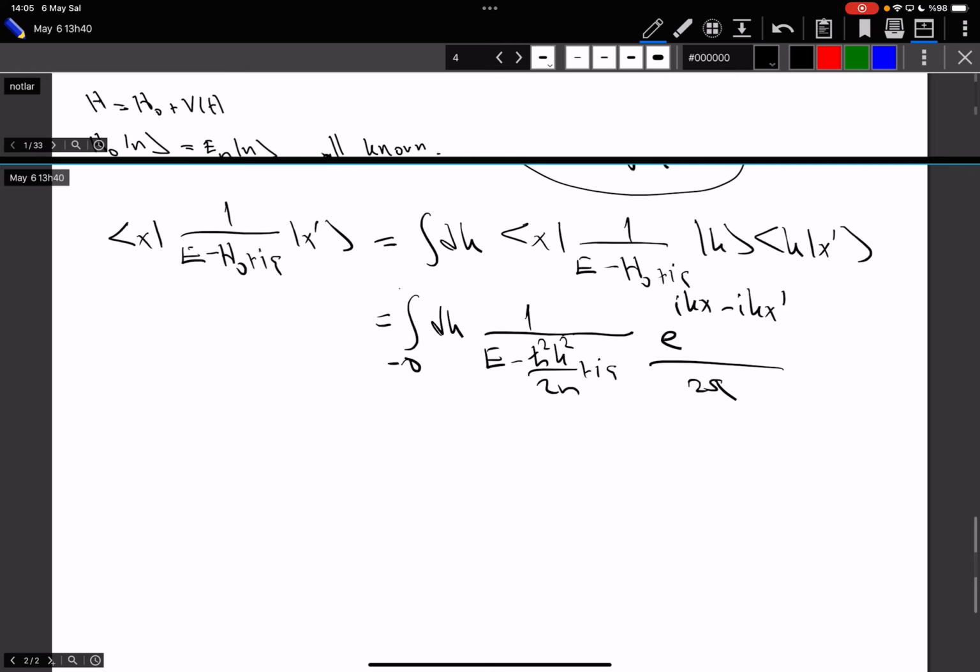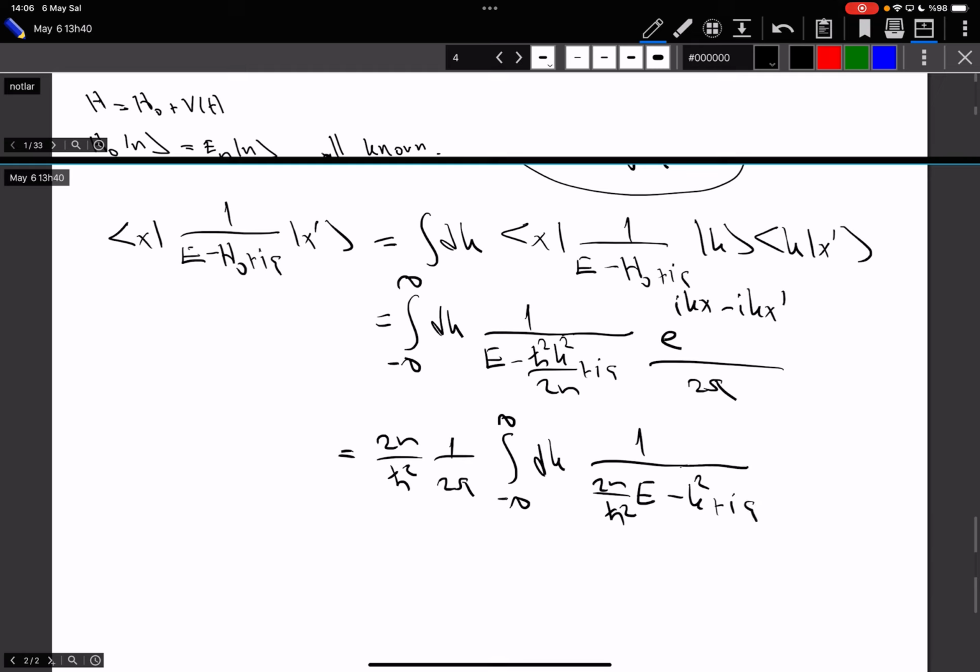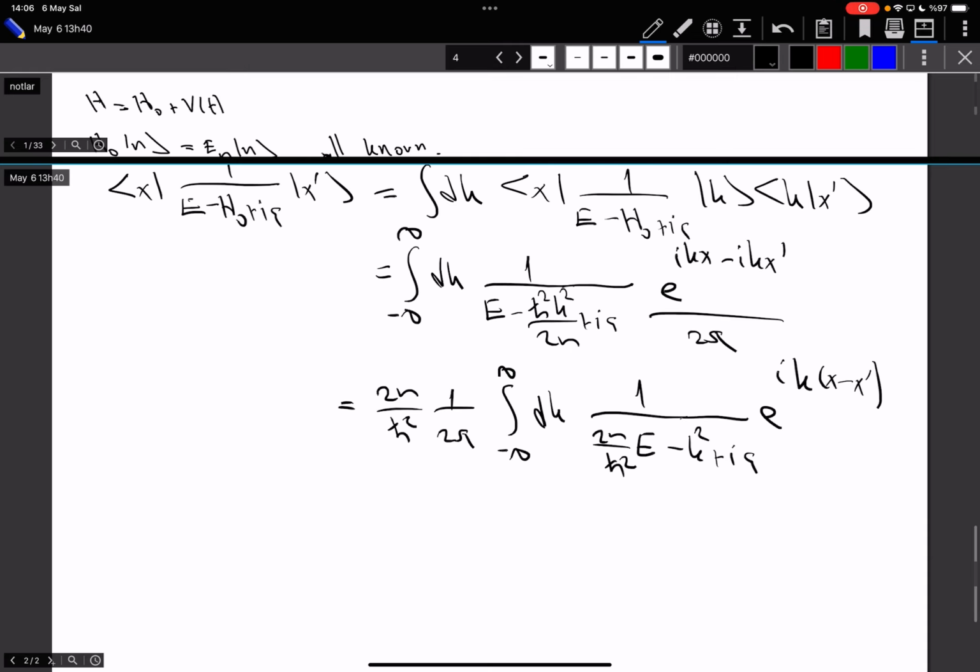K goes from minus infinity to infinity. Again, k is also 1-dimensional. So let me write this as 2m over h bar squared, 1 over 2 pi, integral from minus infinity to infinity, dk, 1 over (2mE over h bar squared minus k squared plus iε), e to power ik(x minus x prime). Well, the epsilon in the last line and the epsilon in the previous line are slightly different, up to a positive constant, but the only thing I care about epsilon is that it is positive and very small.